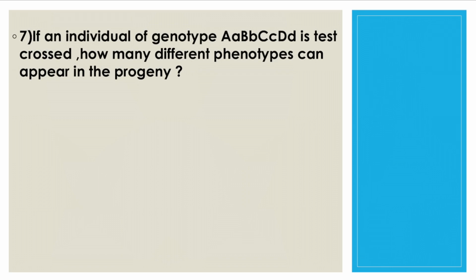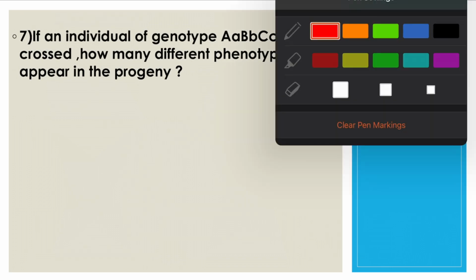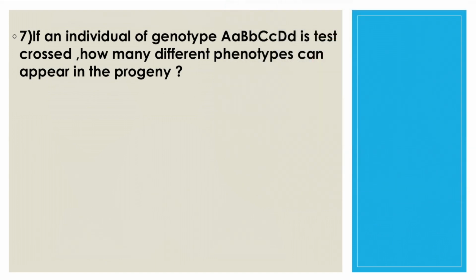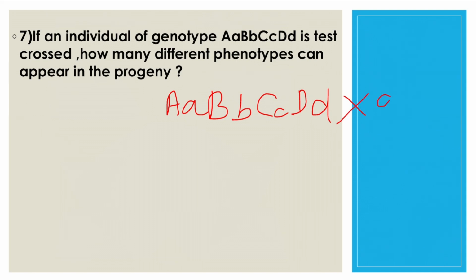First you should know what a test cross is. A test cross means a heterozygous individual is crossed with the recessive parent. It means that this AaBbCcDd has been crossed with the recessive parent, aabbccdd, all recessive.